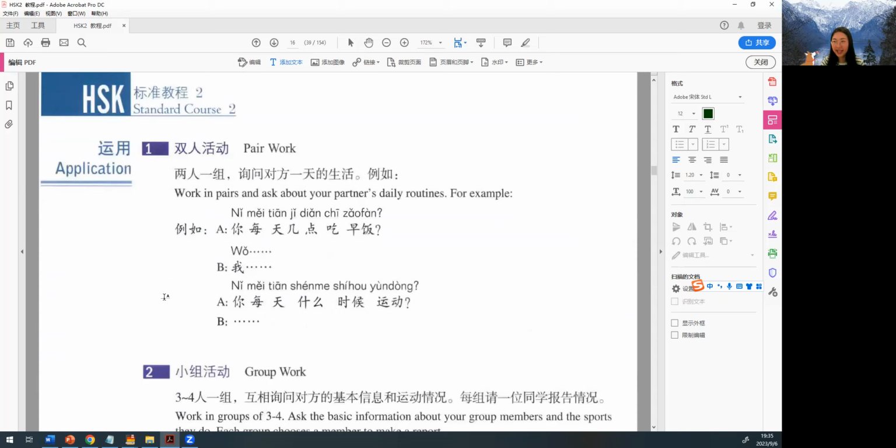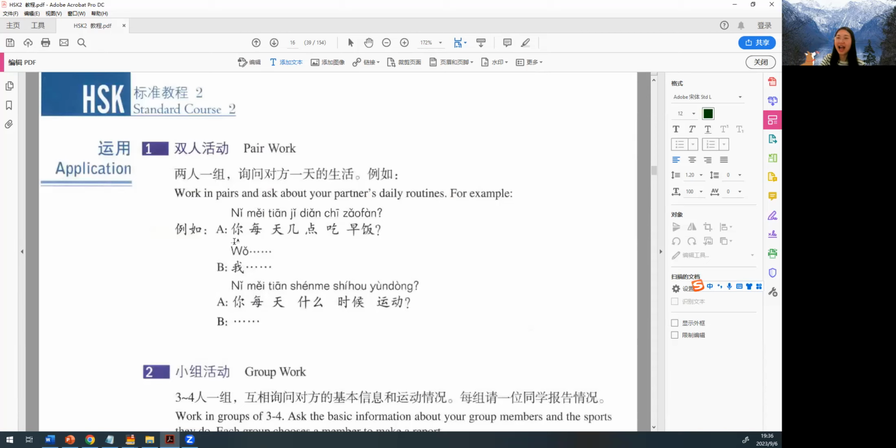All right, application here, pair work. Obviously, I am alone, so I will just do both. A asked, 你每天几点吃早饭? Please answer. I can imagine a very good answer over here.